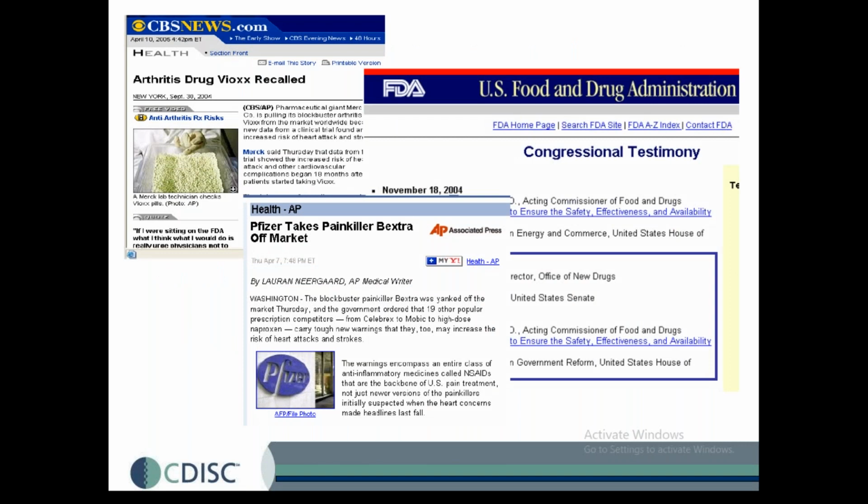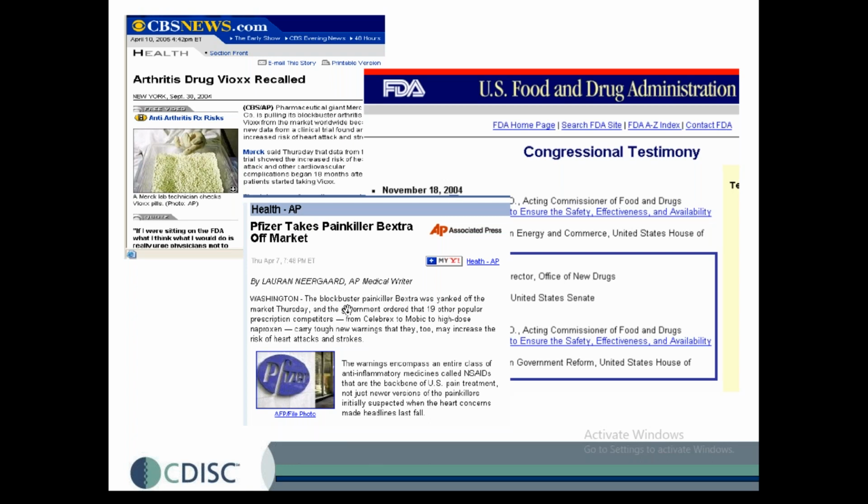Now you see, this is a drug, the arthritis drug Vioxx recalled. Pfizer takes painkiller Bextra off the market. Initially they approved the product, but after that they recalled it.